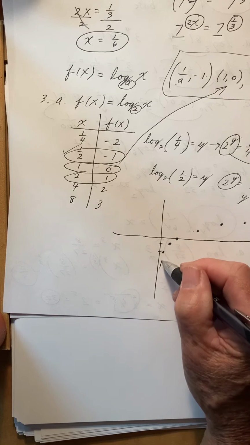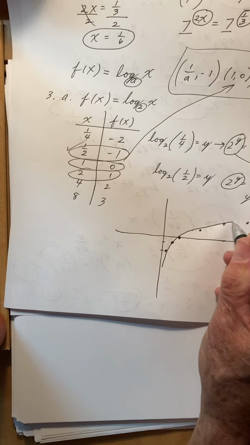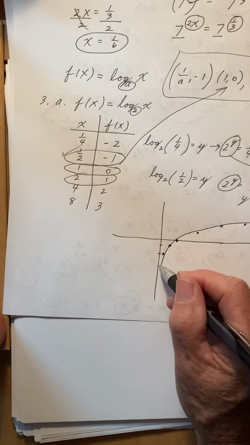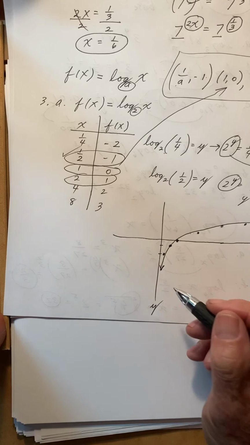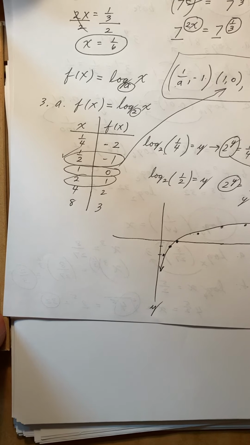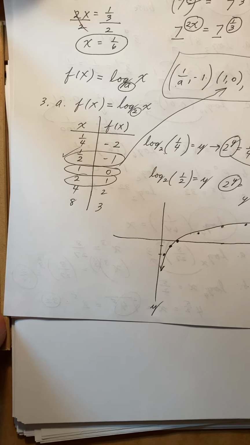So the graph comes around like this. This gets very close to the y-axis, but it never touches it. So there's the graph of the first one.